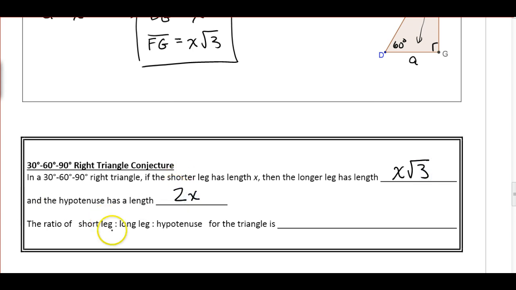The ratio of short leg to long leg to hypotenuse for this triangle then is 1 to root 3 to 2. Or again, I like to write this in terms of the letter a, so it would be 1a, or just a, times a root 3 times 2a. And that's what I would use to label my triangles.